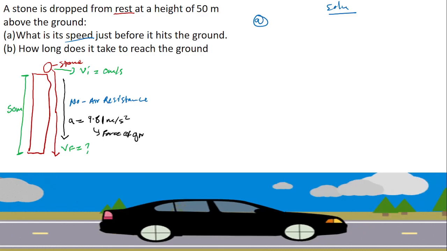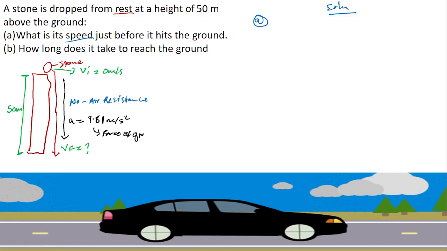I'm going to use the word force of gravity because this is the term you guys can be familiar with. With all this information, we can easily come up with a way of solving this question. But we are going to consider that there is no air resistance.